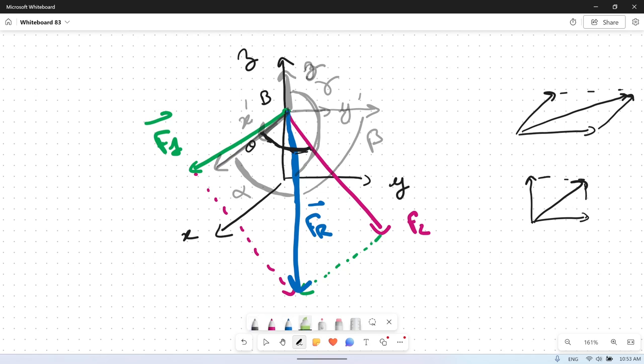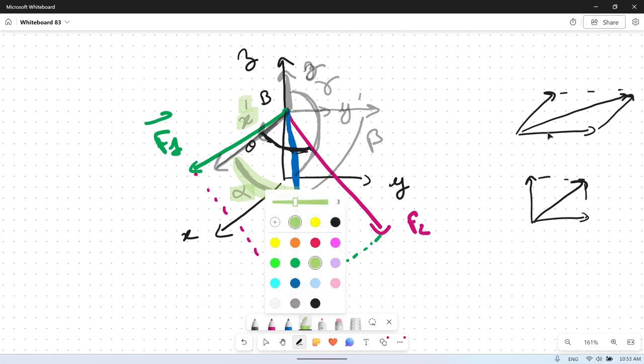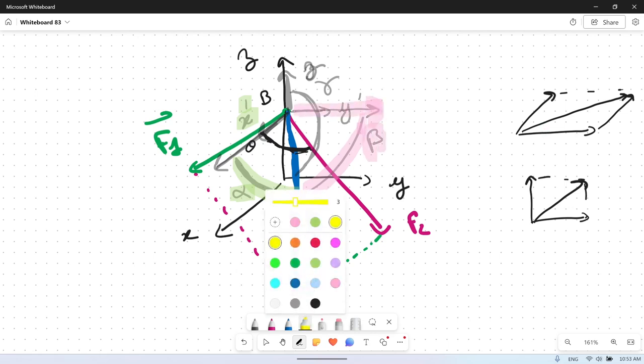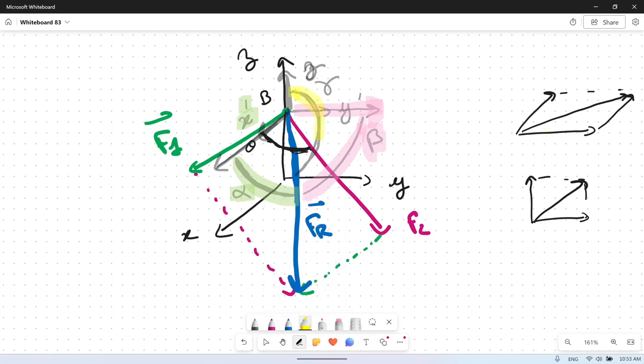But let's say alpha with the X prime, beta with the Y prime, and gamma with the Z axis. Does it make sense? So now we know which direction FR is going.